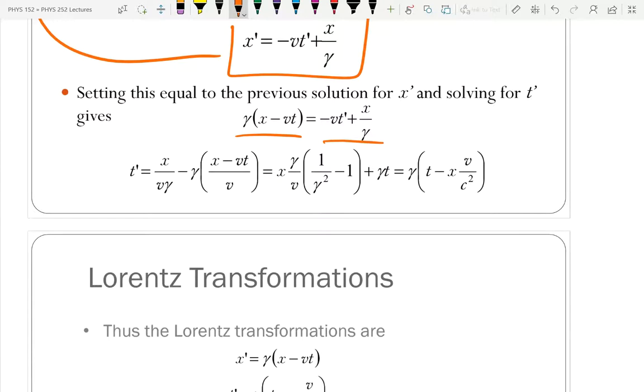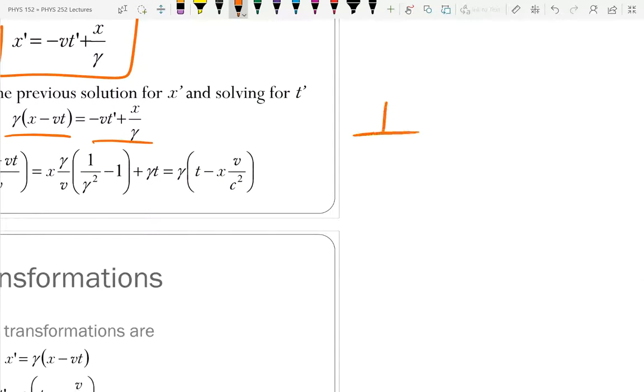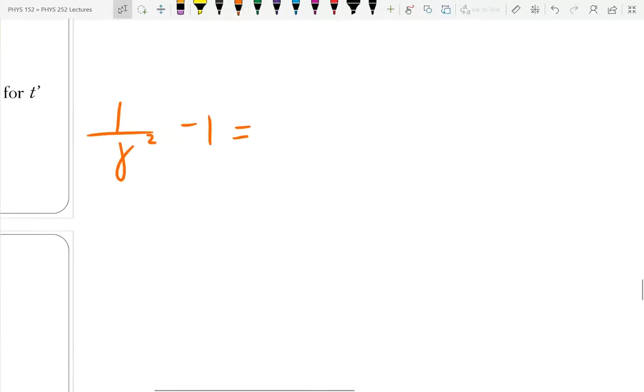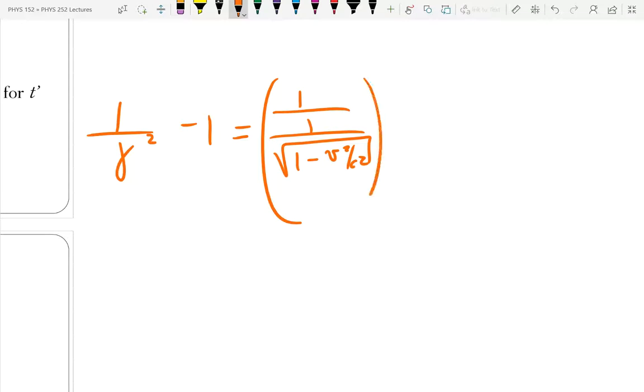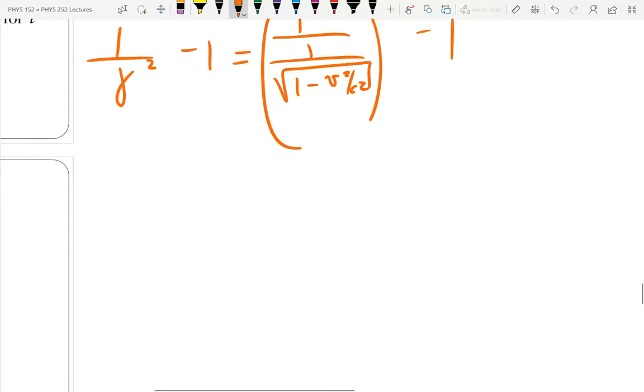I factored out a gamma to get 1 over gamma squared minus 1, but 1 over gamma squared minus 1 is equal to, doing it the simple way, 1 over, bring it back on top. Square that, and it's 1 minus v squared over c squared minus 1. It's just minus v squared over c squared.